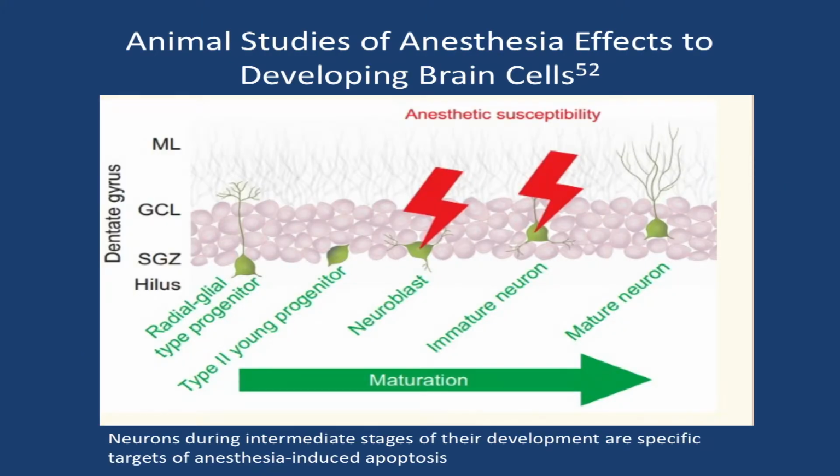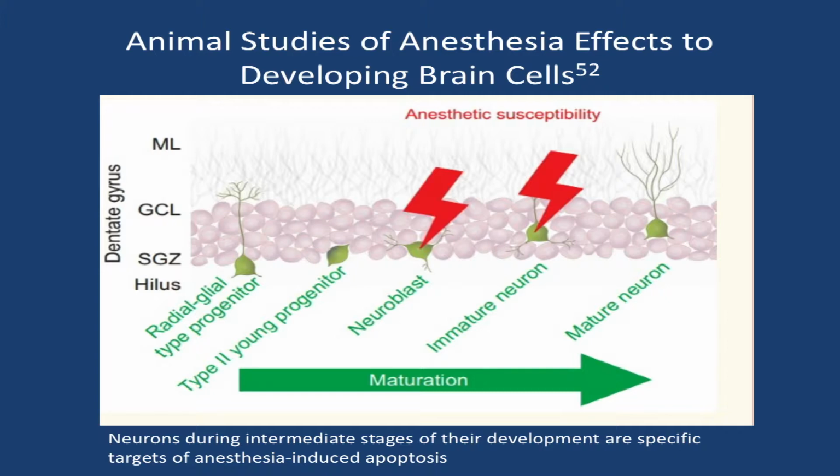Animal studies of anesthetic effects on developing brains. This is a diagram showing the maturation occurring from left to right, and that the brain has neurons that during the intermediate stages of development are specific targets for anesthesia-induced apoptosis or destruction of the cells.